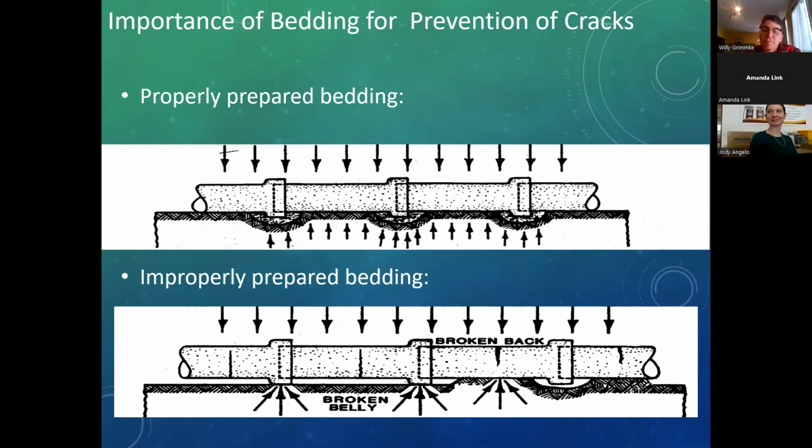And then if it's supported at midspan but not at the bells, you'll get cracks in the top, because that's the tension area of the concrete pipe. And as we often know, concrete tends not to perform that well in tension. It's really good in compression.